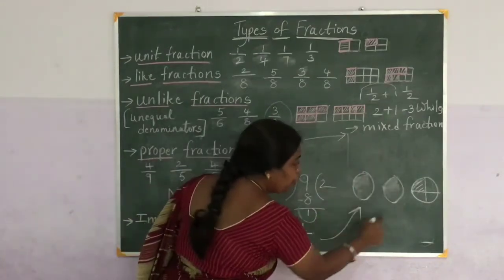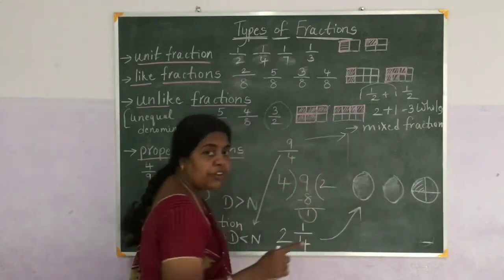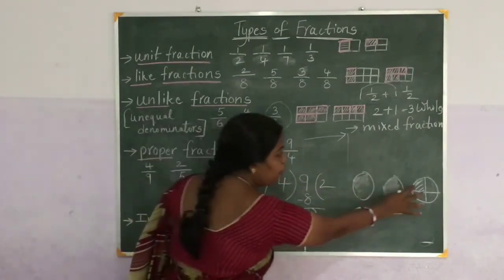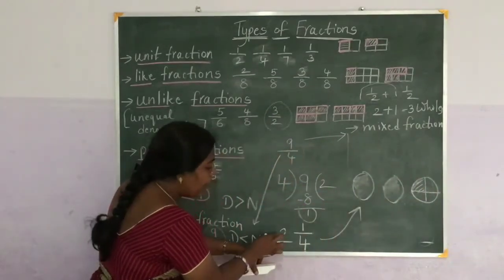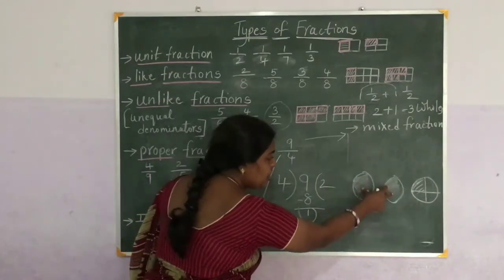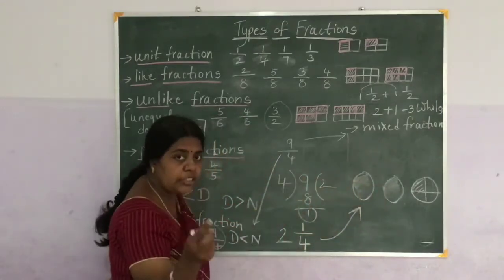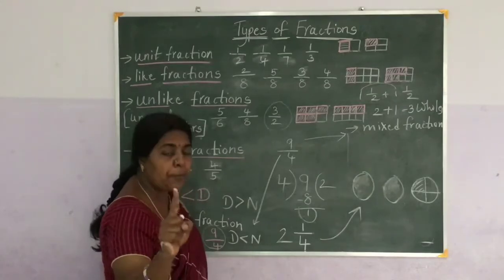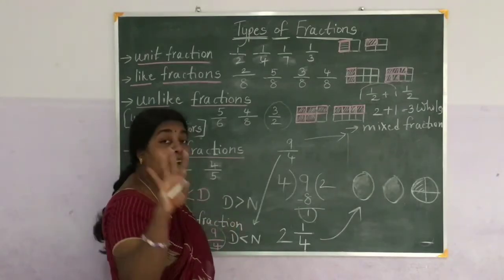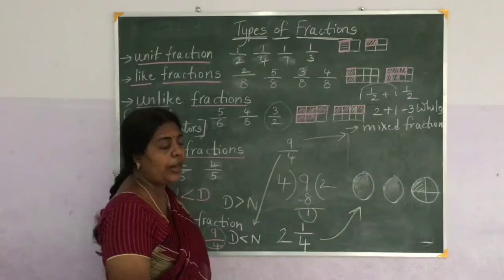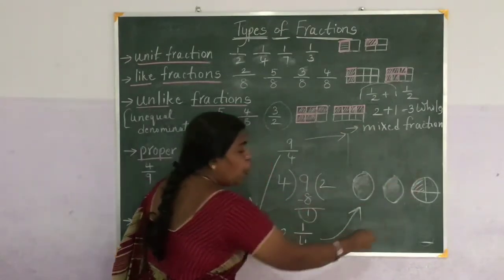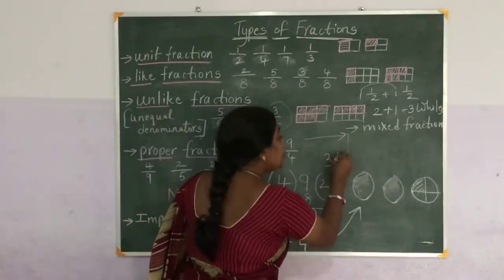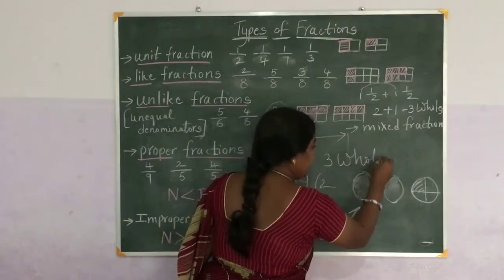That means 2 full chapatis, and in the third one I am taking only 1 part. That 1 part means out of 4 equal parts I am taking 1. Here the whole chapatis are how many? 3 whole chapatis are there.